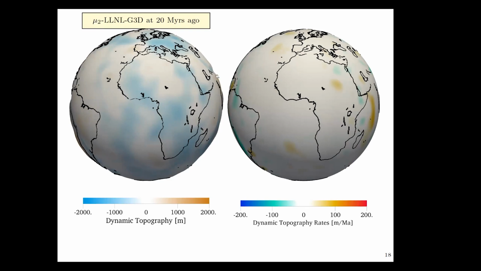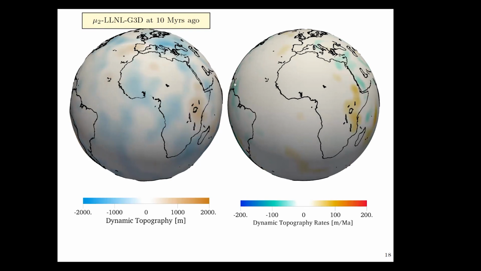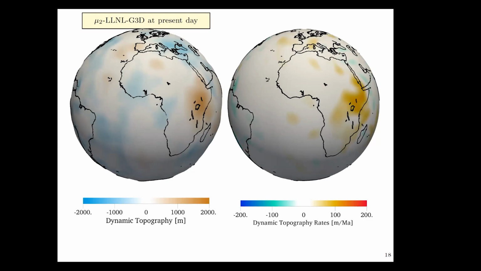This is basically the high viscosity model, until pretty late, at 10 million years ago, where we see an uplift around the East African rift system, and also some shorter wavelength uplifts around the northern part. This is clearly way later than when these events should happen in Africa.